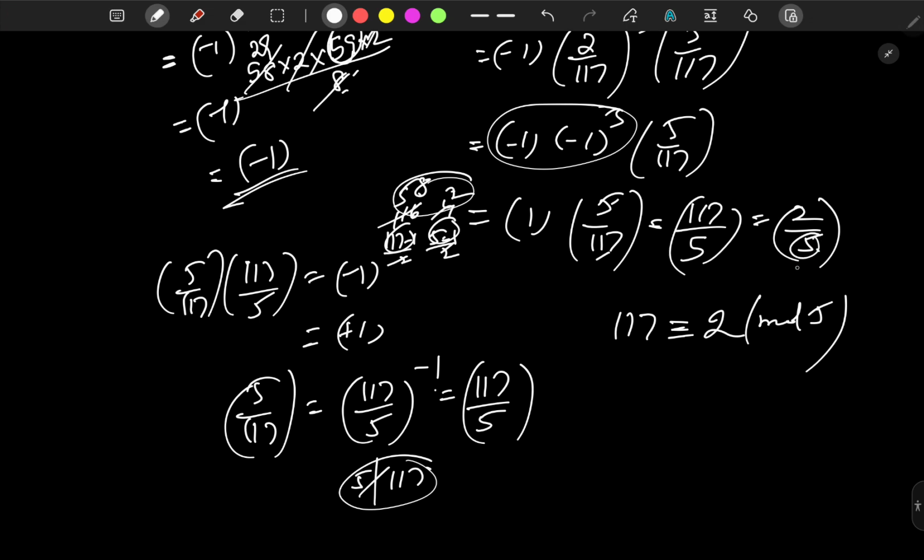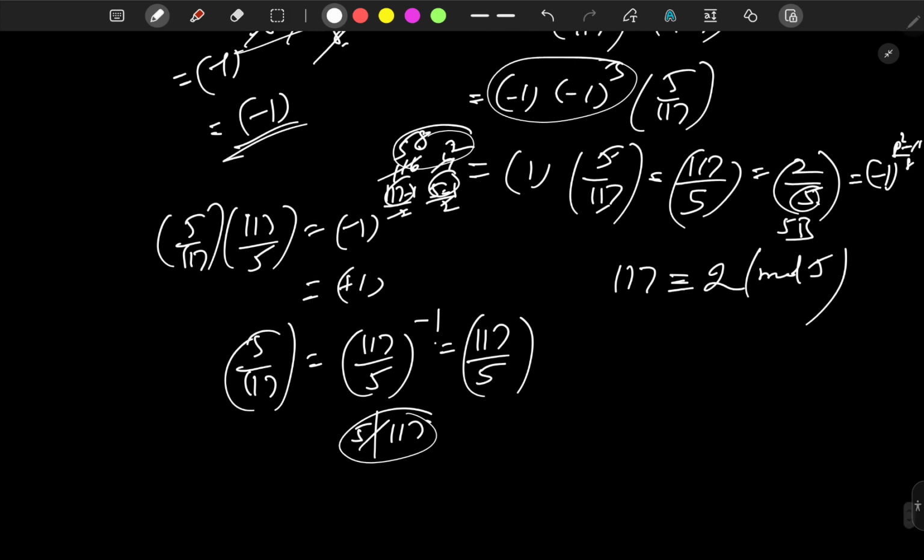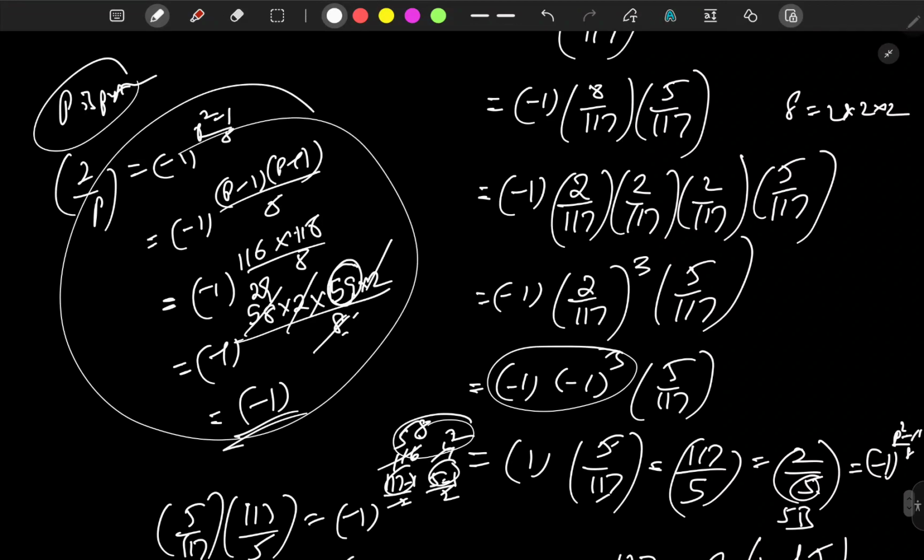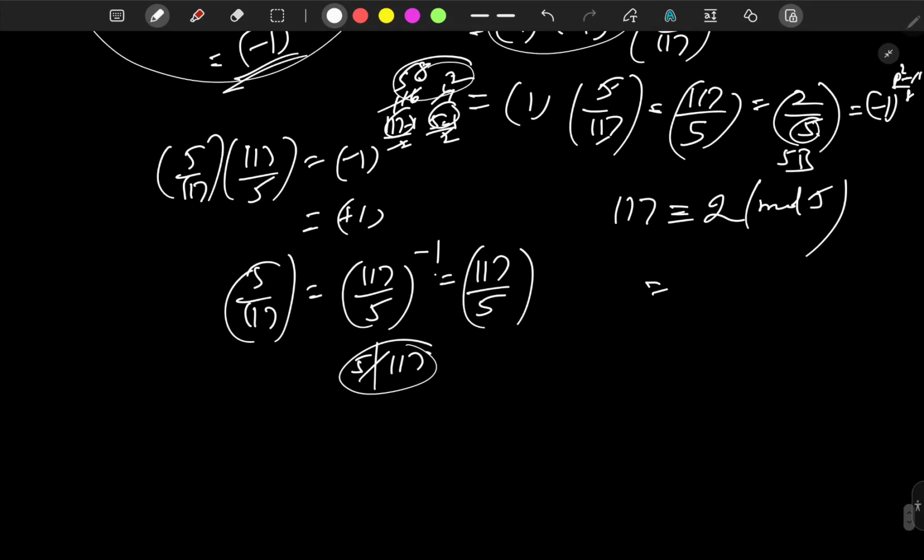Again, since 5 is a prime number, use this property: minus 1 whole power p square minus 1 by 8. I don't want to say this property again and again.